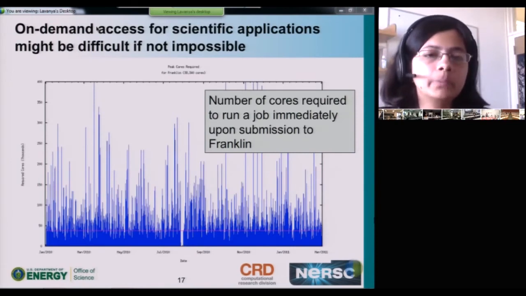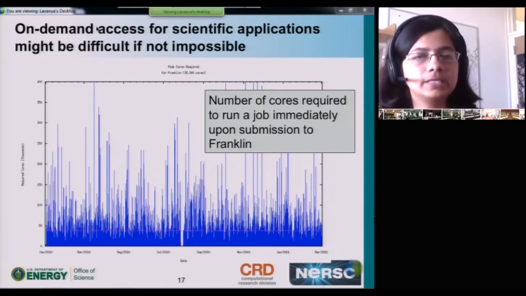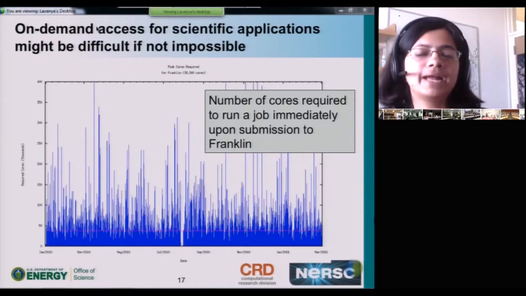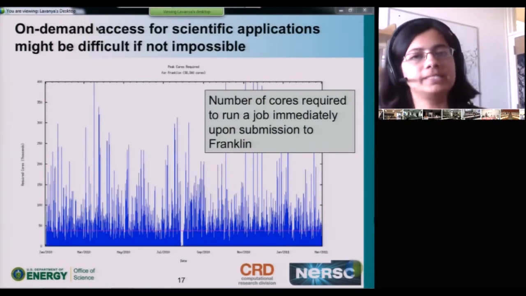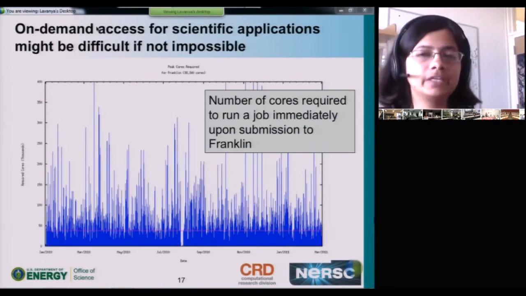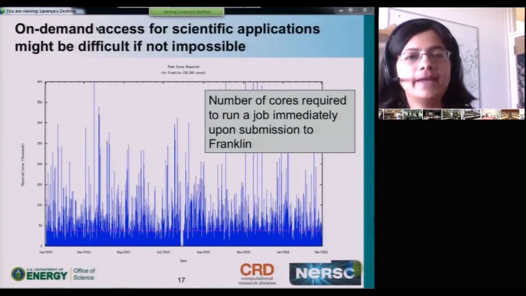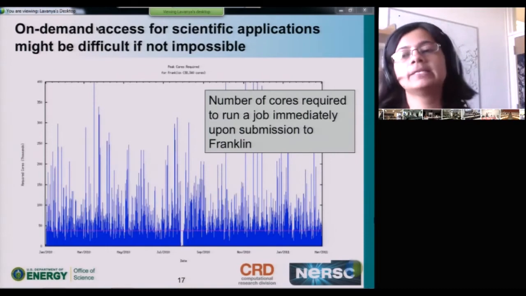It may not be very clear on the slide here, but there's a small red line, which is the actual capacity of Franklin, right below the 50 marker on the y-axis. There are about 38,000 cores or so in Franklin. And you can see the spikes here, right? So if we were to satisfy every user, we would have to provision at the 400,000 capacity, and then we'd have all that white space in the middle, which would essentially be unused cycles.